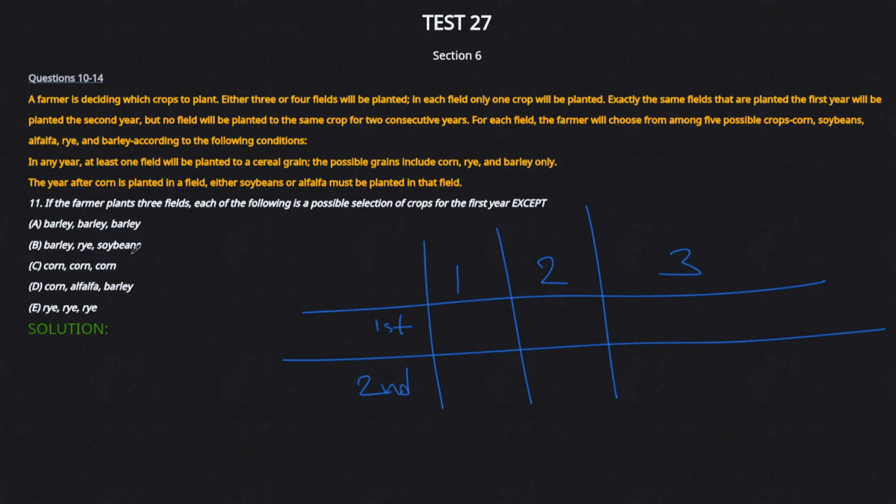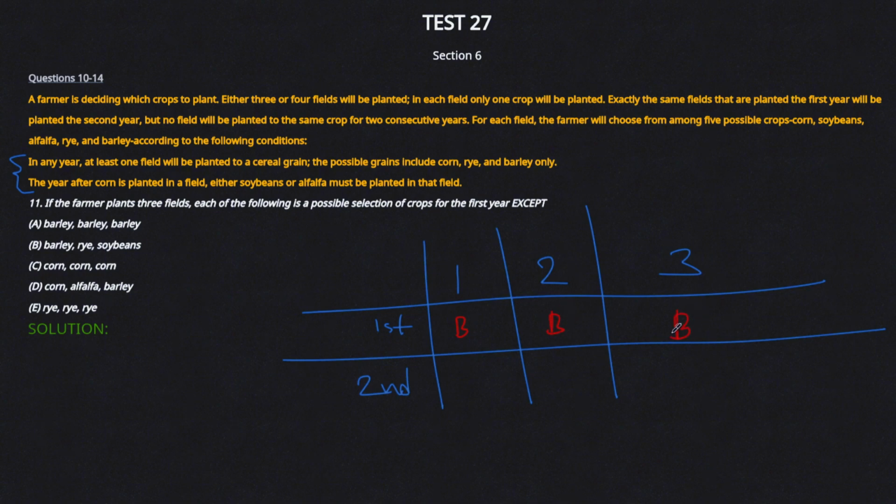Okay. So we need to make sure that we don't violate either of these 2 conditions that we have in hand. One of them being we need at least one cereal grain, and the second being if corn is planted, then we need to make sure that soybean or alfalfa is planted in that field the following year. So let's go over the options. Barley, barley, and barley.